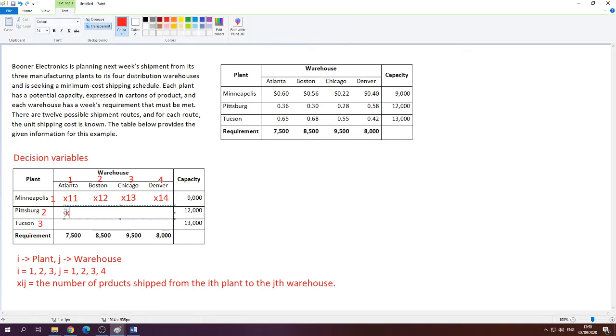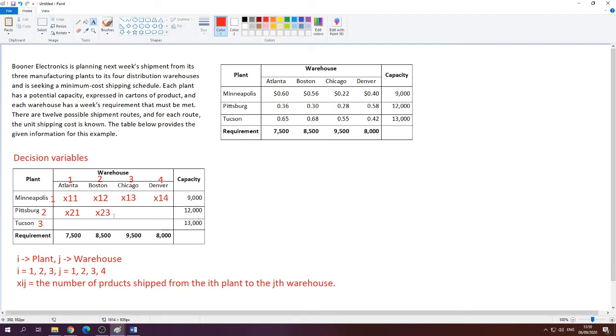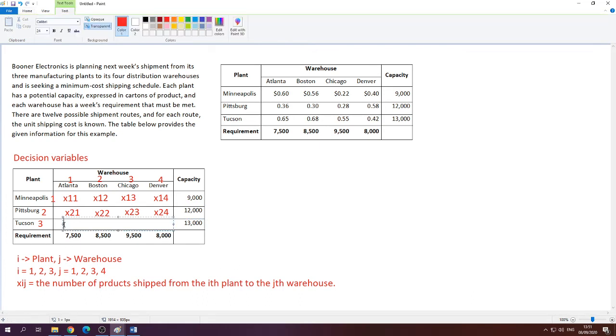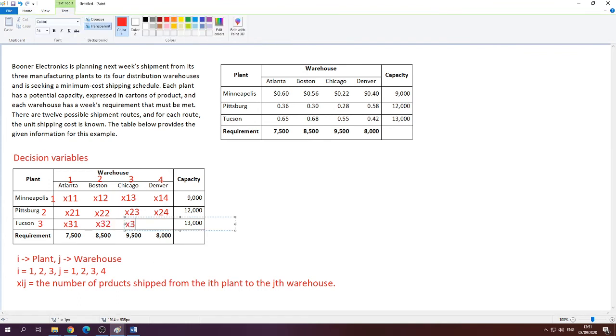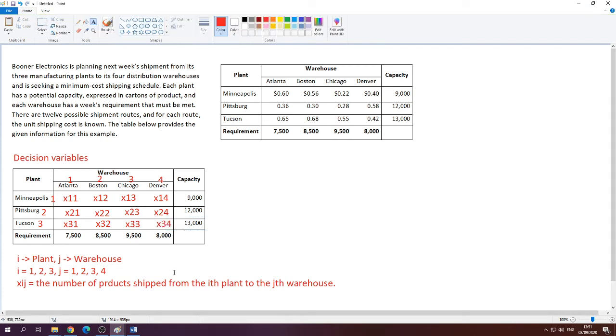This is x21, x22, x23, and x24. And this one should be x31, x32, x33, and x34. So in total we have 12 decision variables.